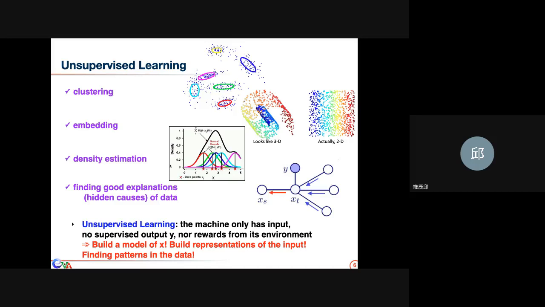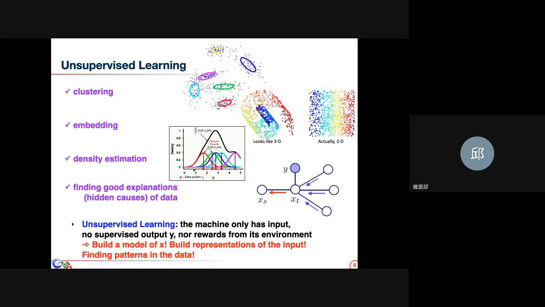For example, your data set is capital X, and you try to find a function F such that F of X can well approximate the probability density of your data set, P of X. For example here you have a 1D data set, and the data points are annotated by those red curves.